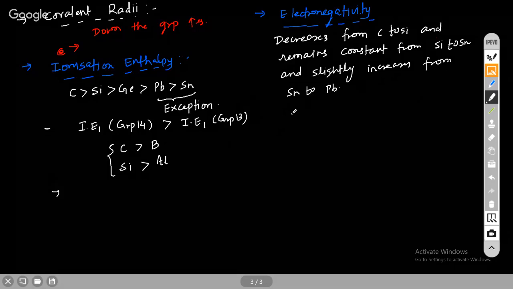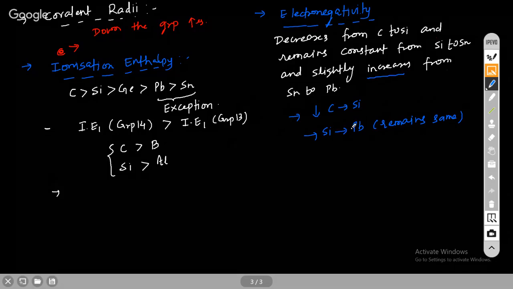Generally, we say it decreases from carbon to silicon. There is one more thing which is written in some other books. Decreases from carbon to silicon, then after silicon onwards, silicon to lead, it is almost the same, remains the same. This is also written in some of the books. So you can consider this also if the option is like that. There is a slight increase, but that increase is not that significant.